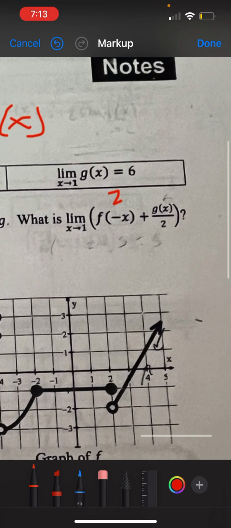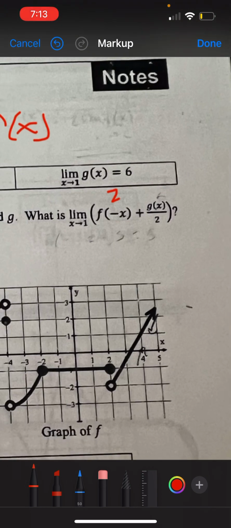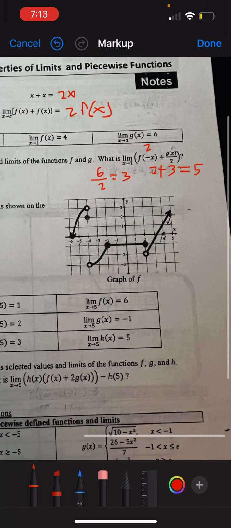limit is g of x, and then from here, we plug in 6, so it would be 6 over 2, and we get 3 from that, right? And then it's just a simple 2 plus 3 equals 5, right?